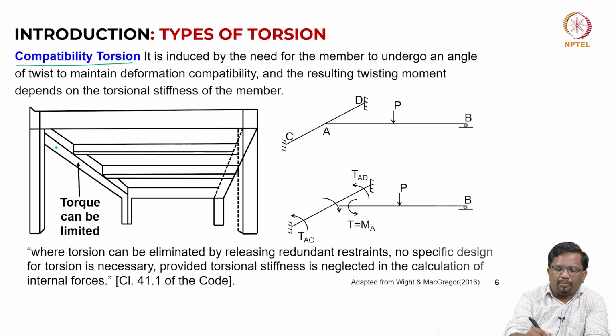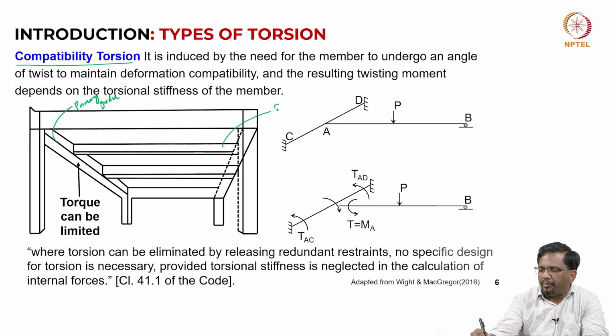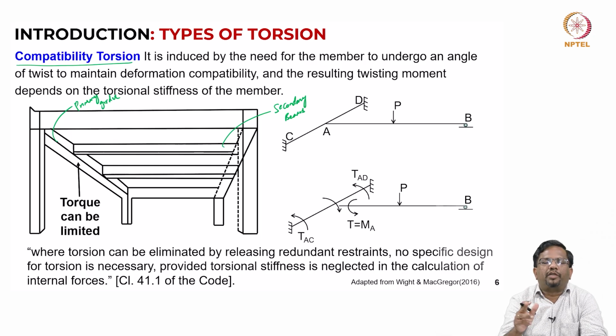Typically, these are your primary girders, and the ones that run perpendicular are called secondary beams. The primary girders typically run along the column line, and secondary beams are provided in the perpendicular direction to the primary girders, basically to reduce the span of the slab.